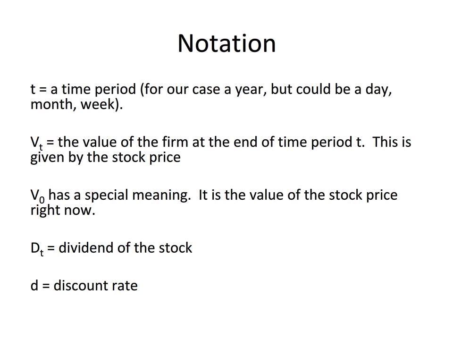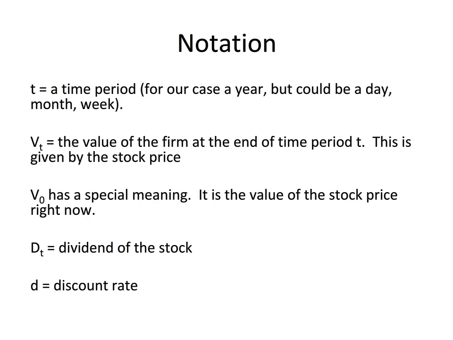V sub t, the second line there, is the value of the firm at the end of period t. For a stock, this is given by its stock price. So for Microsoft, the value of that firm is given by the value of its stock. We have one value measure, V sub 0, which has a special meaning.